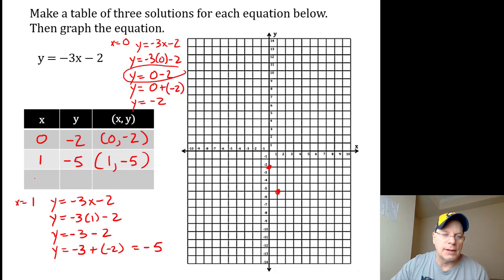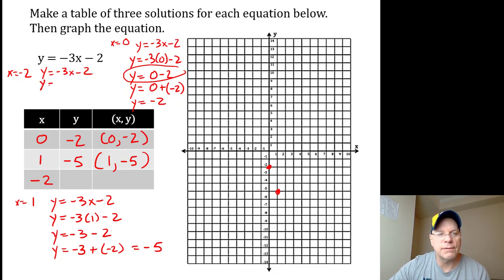I'm going to do now a negative input. Let me just go with a bigger, like negative 2, or actually smaller, right? If x is negative 2, I write my equation, negative 3x minus 2, and substitute negative 2 for x. Negative 3 multiplied by negative 2 minus 1.